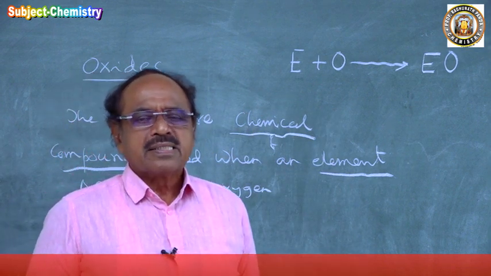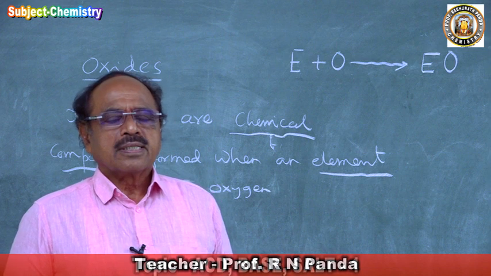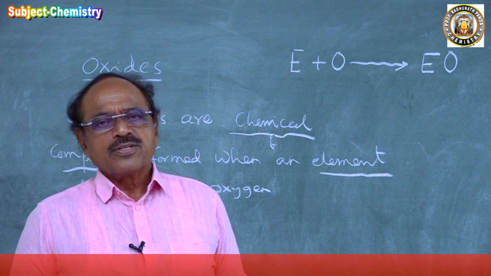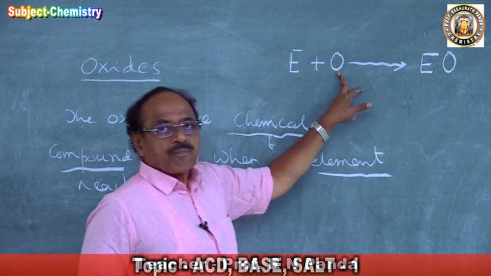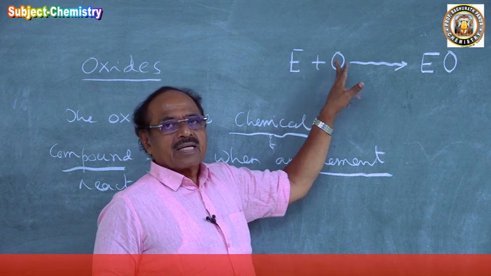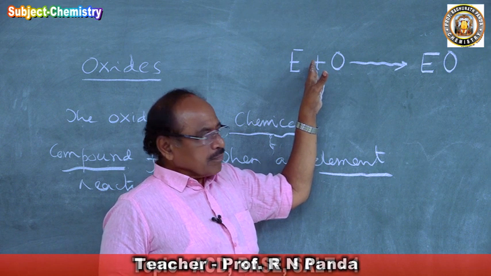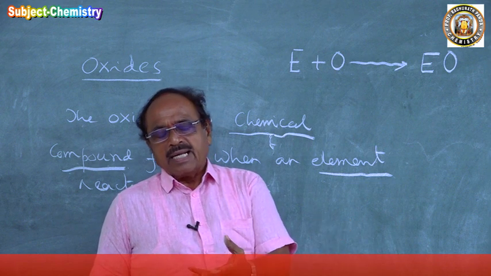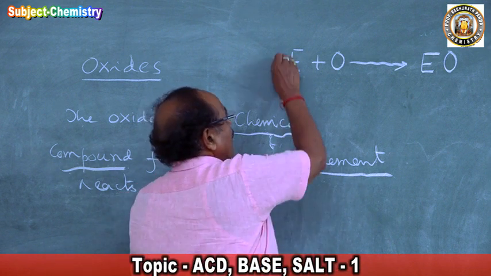Atoms of the elements have a strong tendency to take part in chemical combination, either by losing or gaining electrons, or by contributing and sharing electrons. So when this element combines with oxygen, it may lose or gain electrons, or it may share electrons and attain an octet to form the oxide.